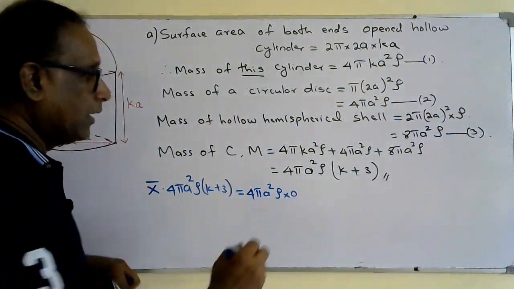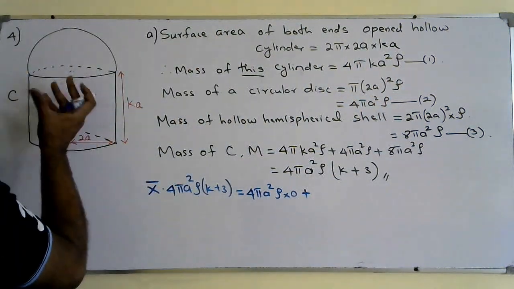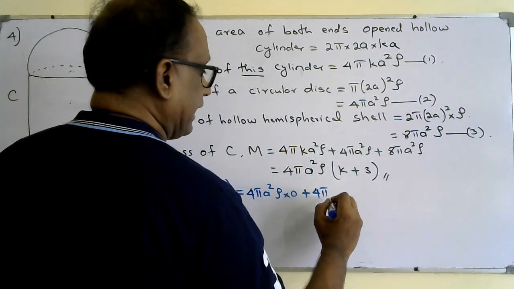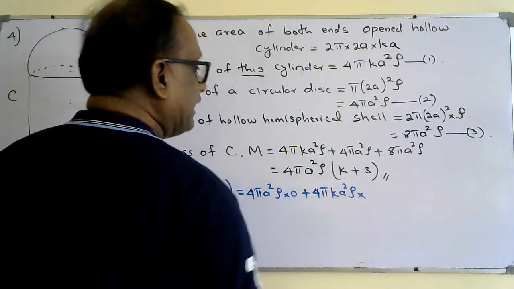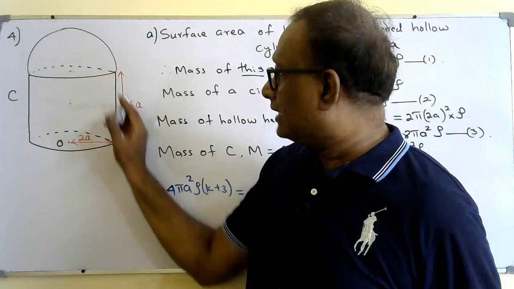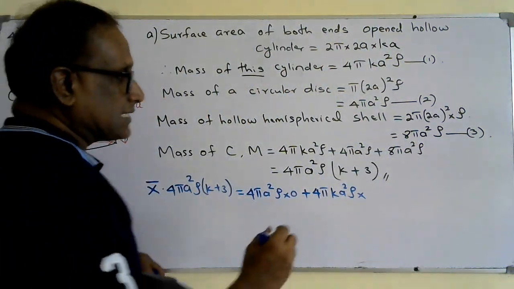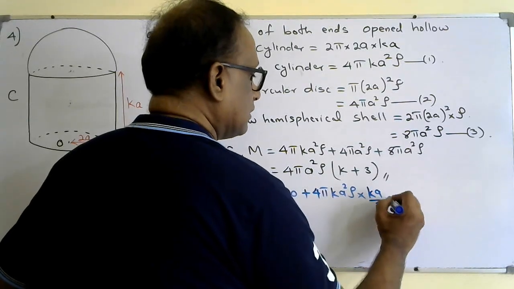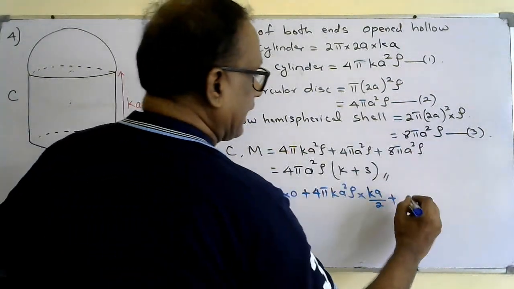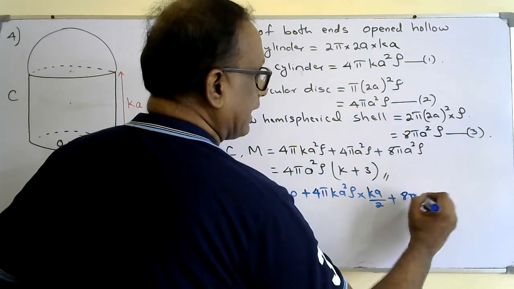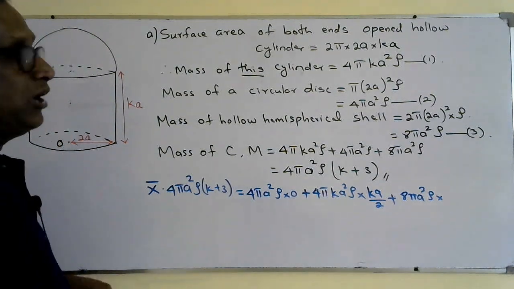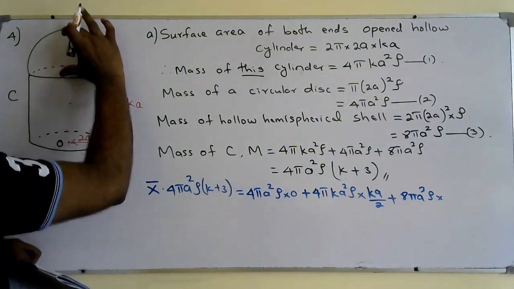So that was 0 plus the mass of the hollow both ends open cylinder, 4 pi Ka squared rho, into the distance of the center of mass of this hollow cylinder from O, which is half of the height, Ka by 2, plus the mass of the hemispherical shell, 8 pi a squared rho, into the distance of center of mass of the hemispherical shell, which is half of the radius.